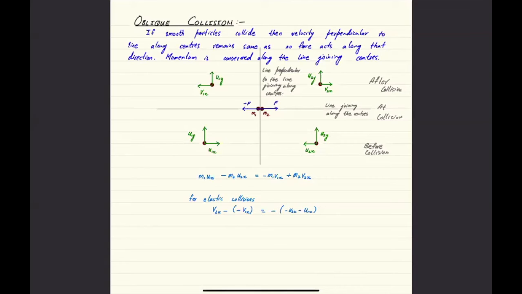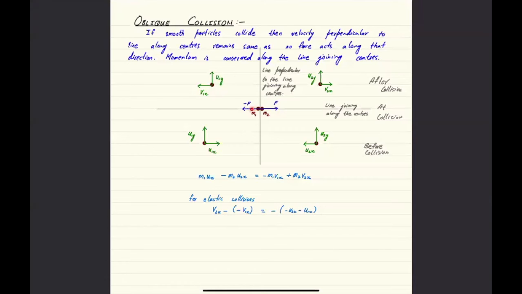But since there is a horizontal force, the horizontal individual momentum might not be conserved, but the total horizontal momentum would be conserved. That means m1 u1x minus m2 u2x equals minus m1 v1x plus m2 v2x.